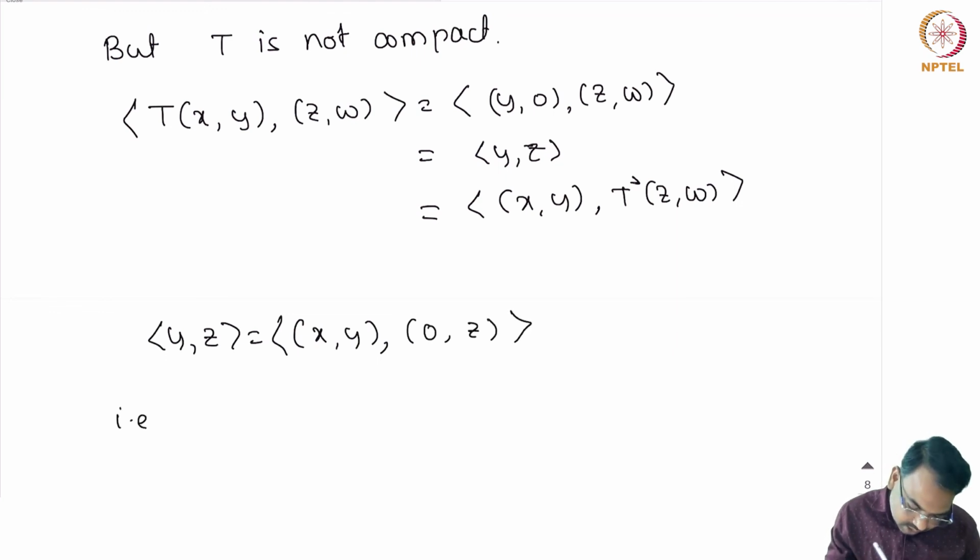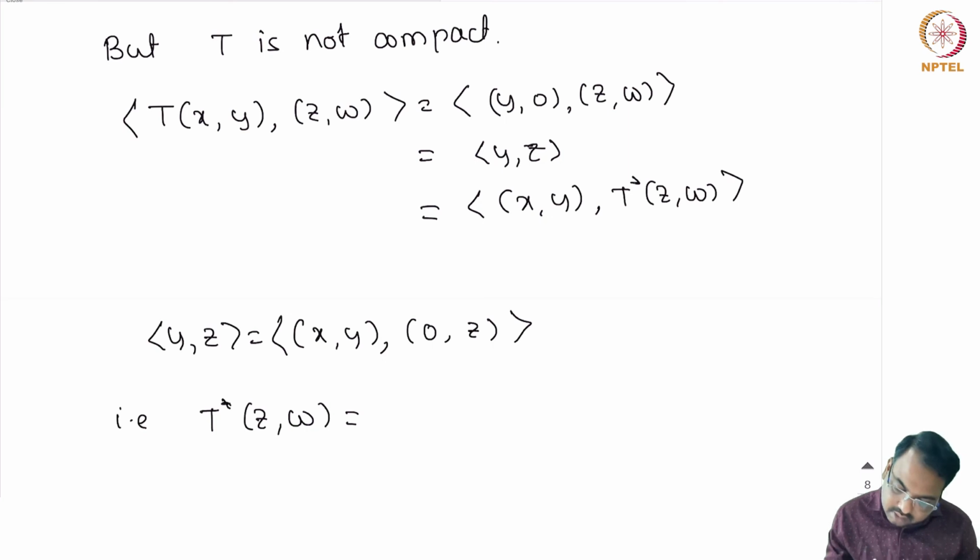So that means T star of (z, w) is (0, z) for every (z, w) in L2 direct sum L2.